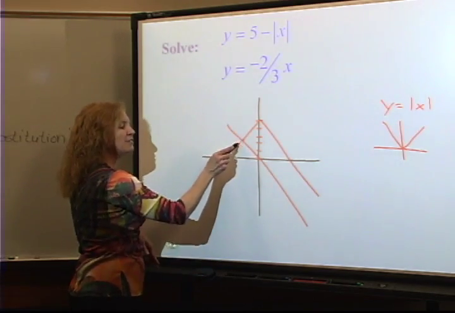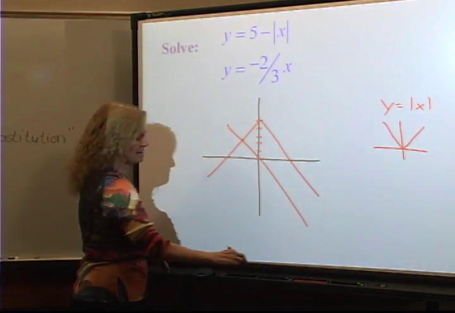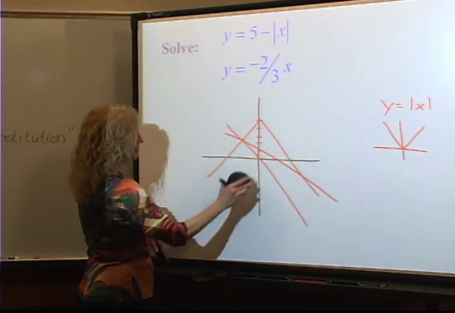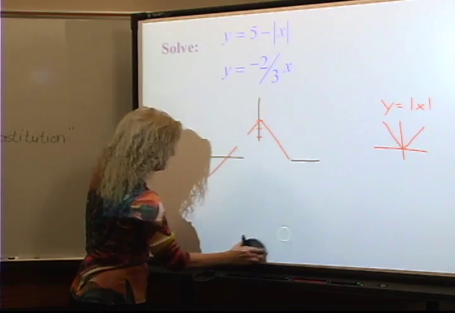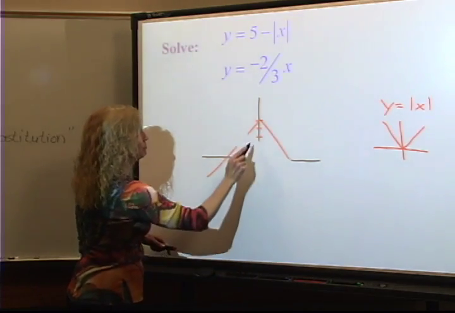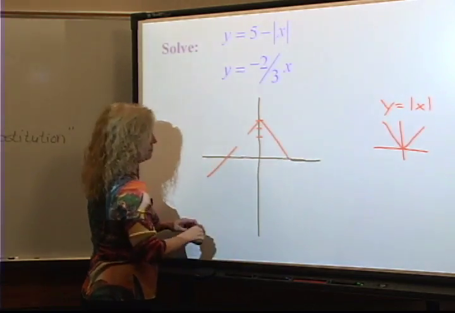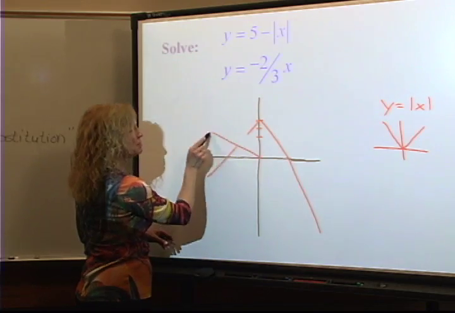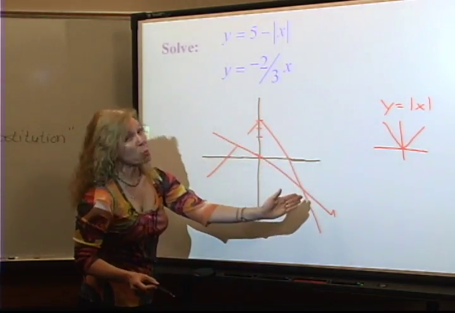You're going to have essentially two solutions because these guys will, if I had done a better job of graphing, it's probably more like this. Oh, yay, it's going to work. Let me fix my graph just a teensy bit. y equals negative 2/3 x is going to be a little bit more slope than I had it. This guy has a slope of negative 1.